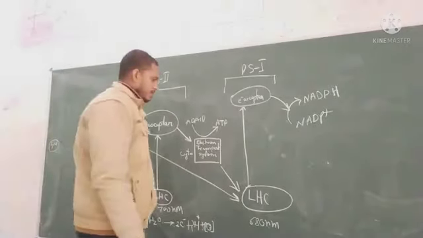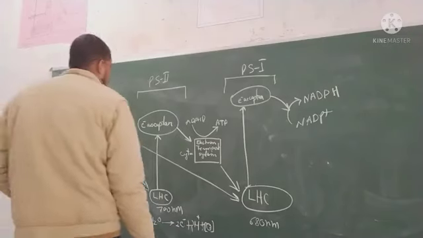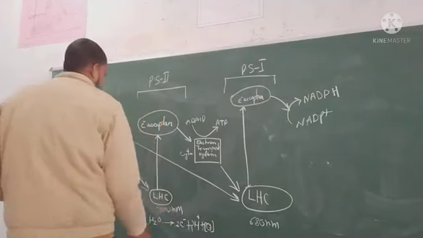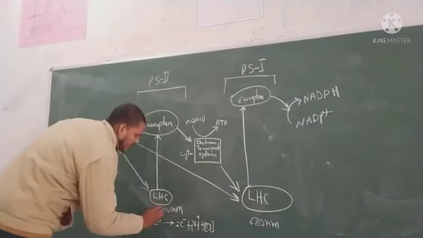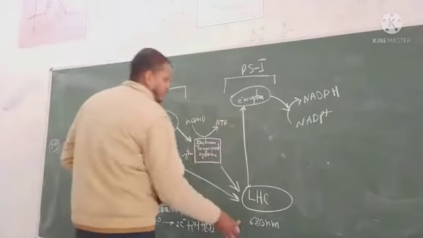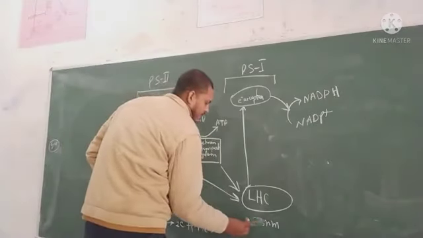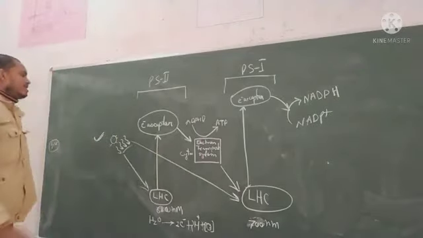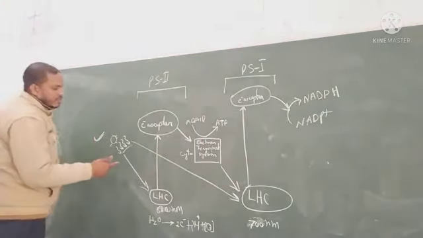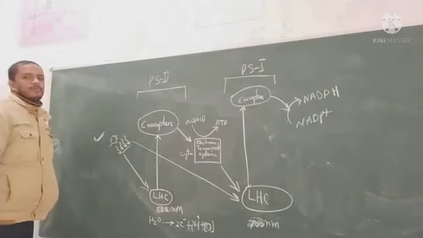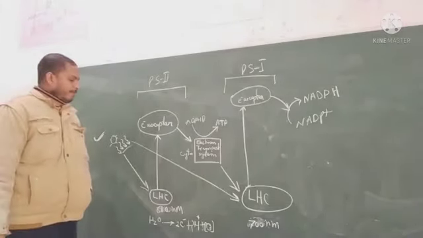on photosystem 2, which is having 680, and sorry, my mistake, this one is photosystem 1, that is 700 nanometer light. Now, when this light radiation from the sun falls on photosystem 2, what happened?